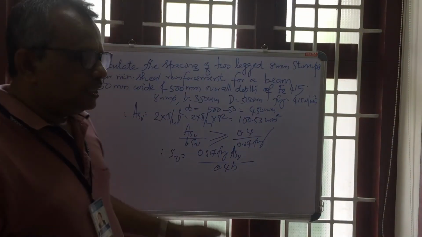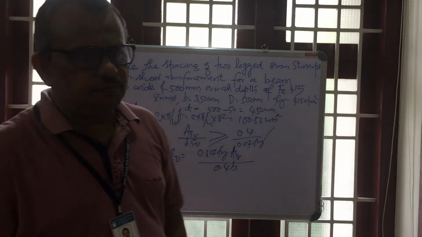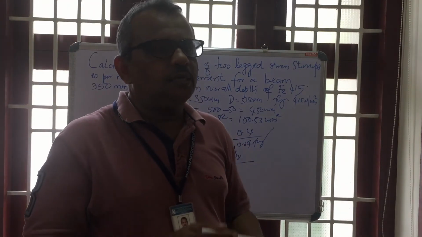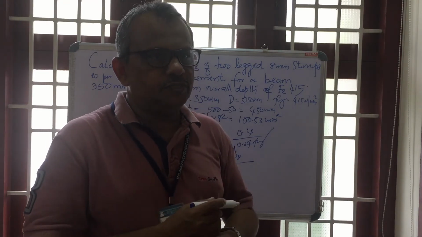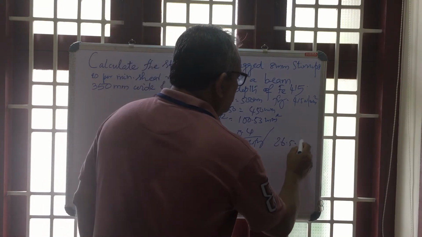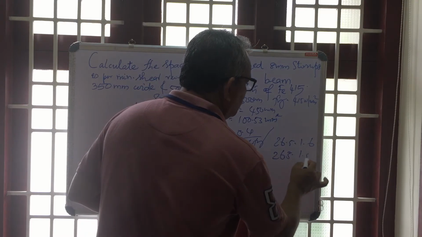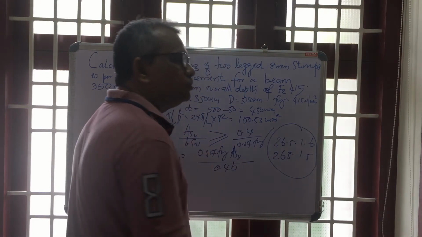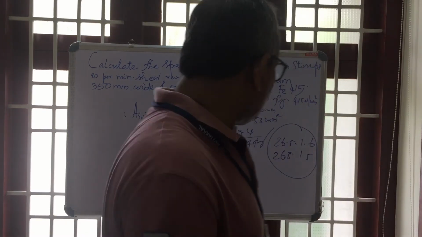So find out this value, and as per the clause, I already told you in the last class, the clauses given in IS 456 are 26.5.1.6 and also 26.5.1.5. From these two clauses, we have to find out the spacing of shear reinforcement.